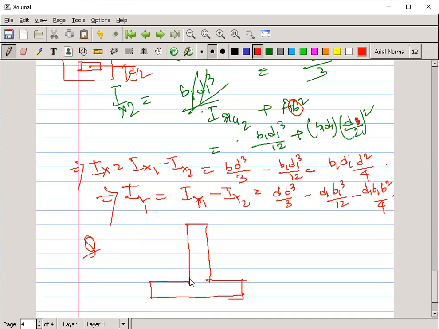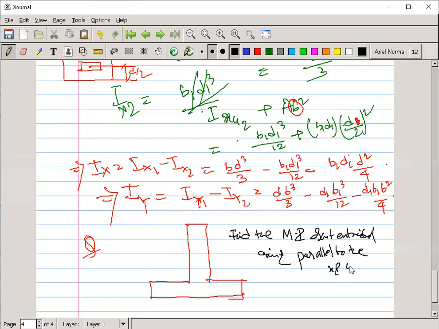Now if they ask to find the moment of inertia about the centroidal axis, and parallel to the x and y axis, how can you solve this?